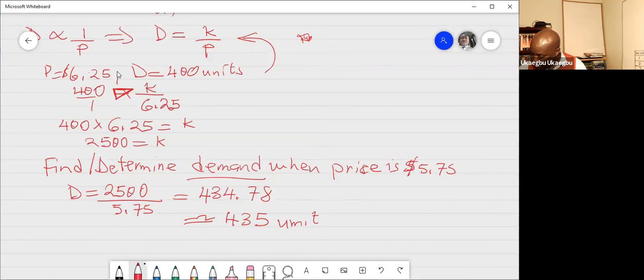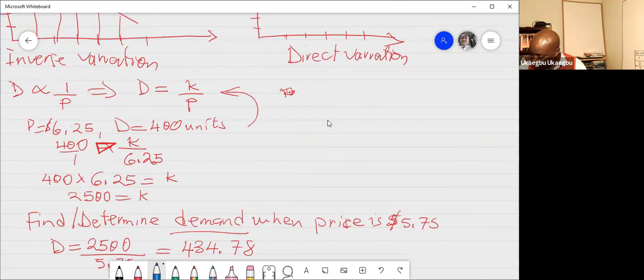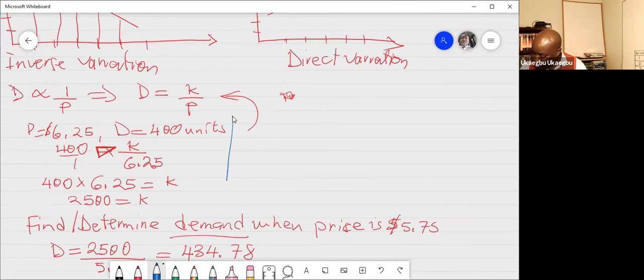Remember, here's your equation again. Let me rewrite it. Here's the equation for this inverse variation: D is equal to K over P, because demand is inversely proportional to the price. If your demand is given, which is 400, originally given to us, that would be equal to K over the price.